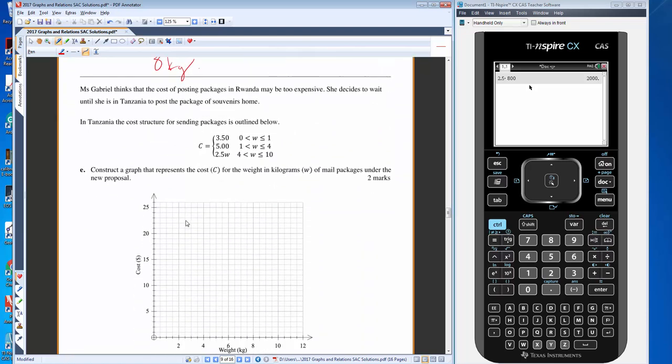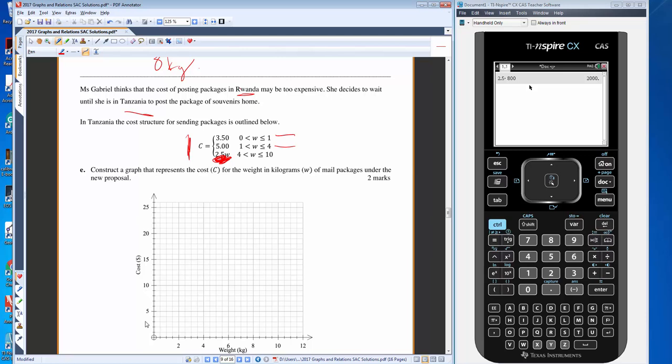Alright, so she thinks that might be a bit dear in Rwanda, so she waits until she's in Tanzania to send them home, and it runs according to this hybrid function. Okay, so what we can see here is this is a classic step graph, and this one here tripped up many students. So let's draw the step graph.